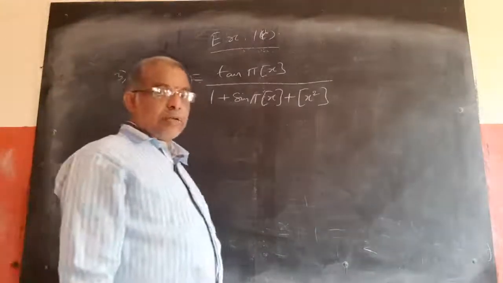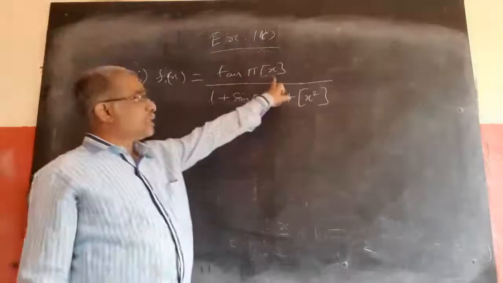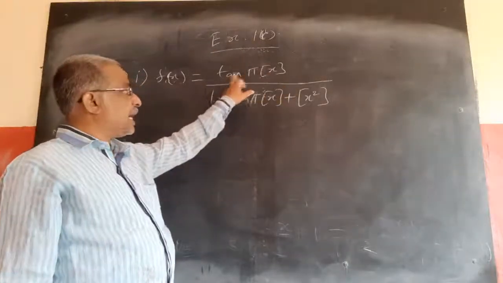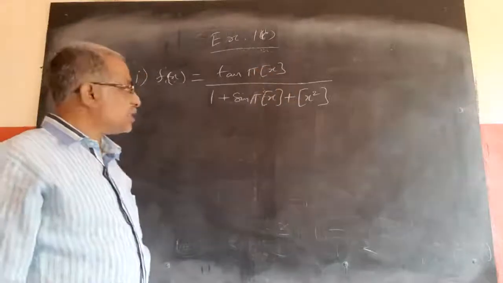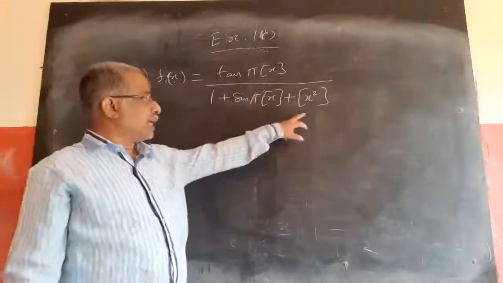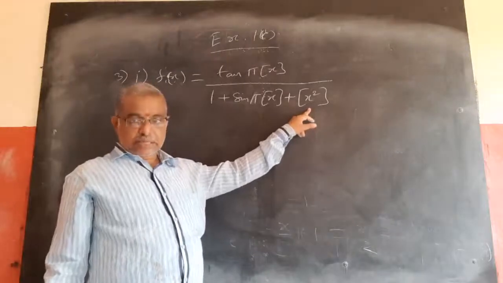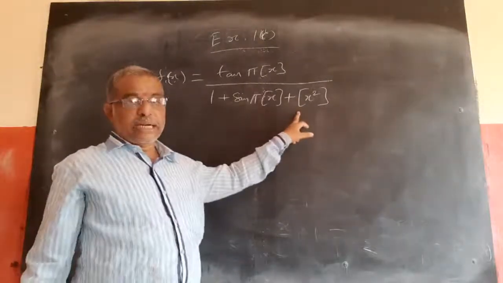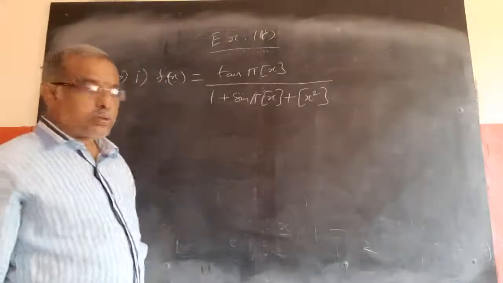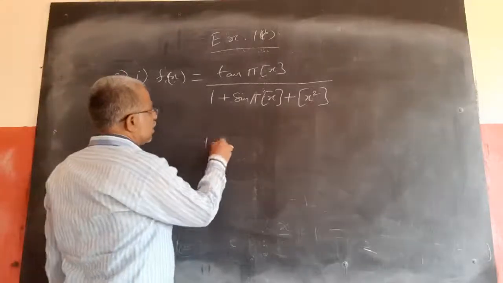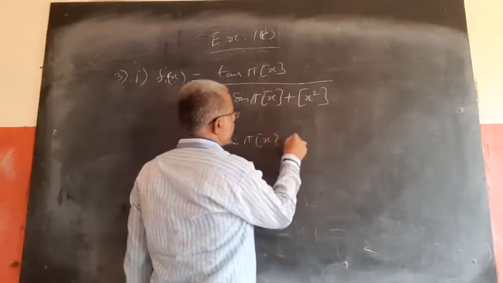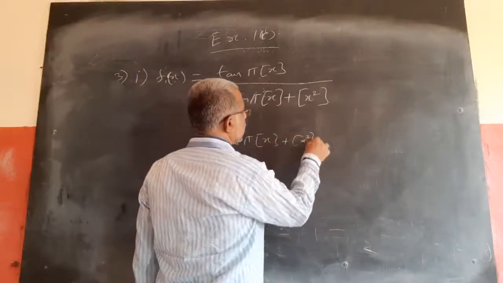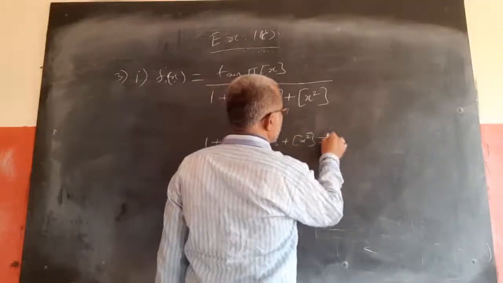For any value of x, the numerator is 0 because tan of an integral multiple of pi is 0, sin is 0. Coming to the denominator, this is always 1 plus x square, so the denominator is not equal to 0 for any value of x.